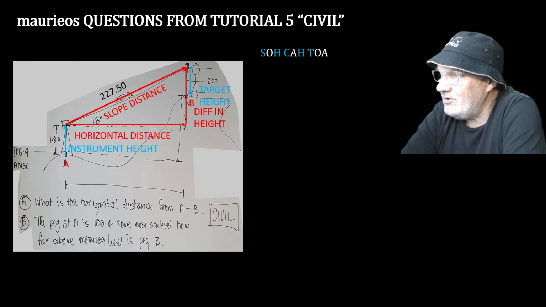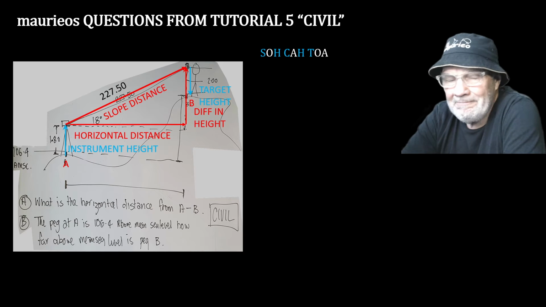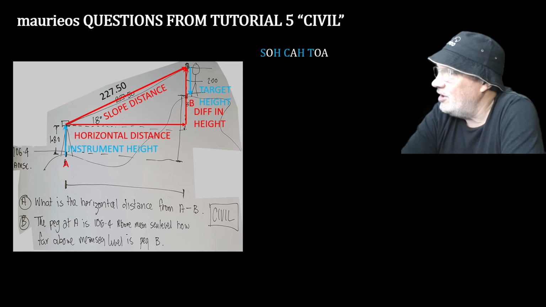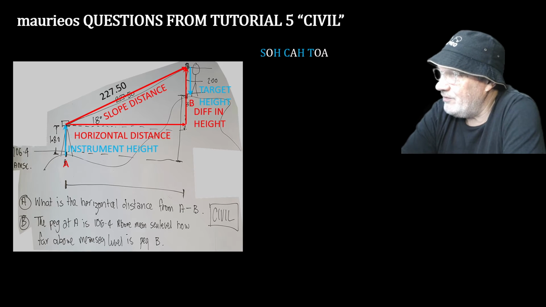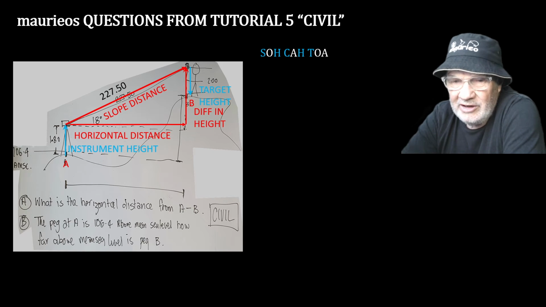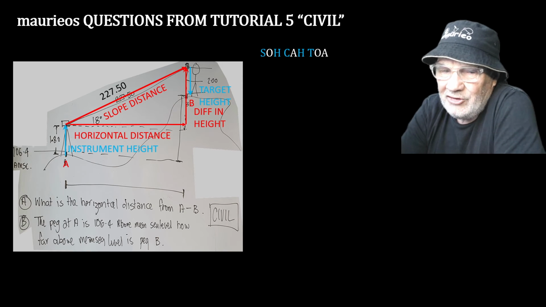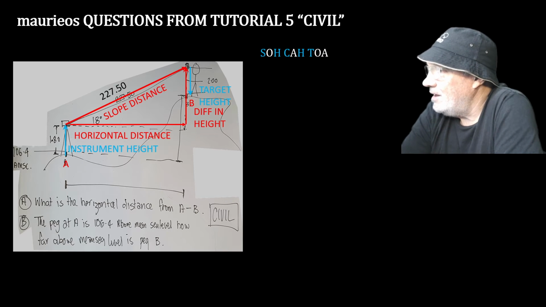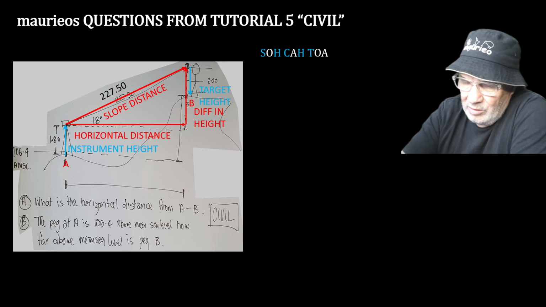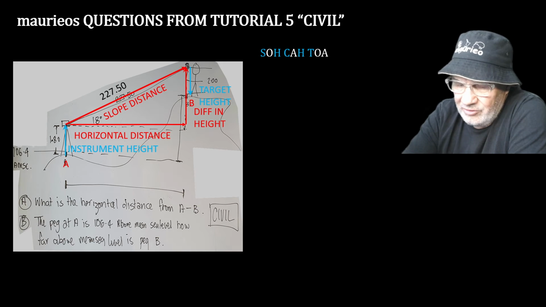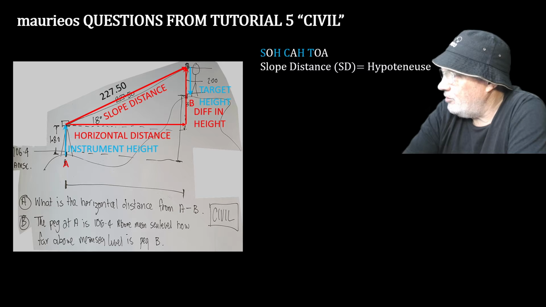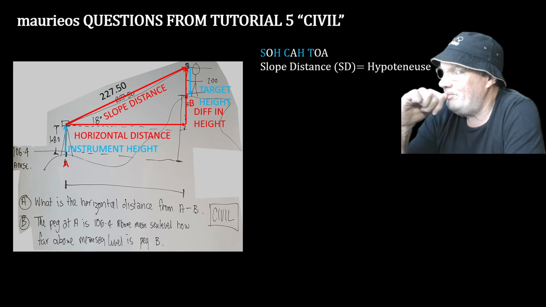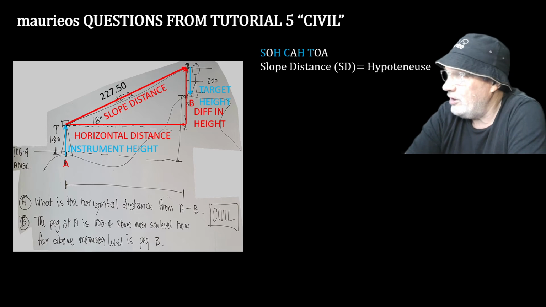So we've got an angle there, 18 degrees, measured by our instrument. And so we can work out the sine of 18 degrees, the cosine of 18 degrees, the tan of 18 degrees, and various other trig ratios, should we so desire. We also know the slope distance equates to the hypotenuse of our triangle.